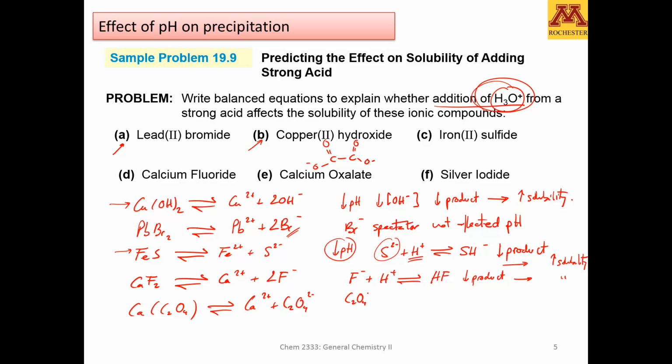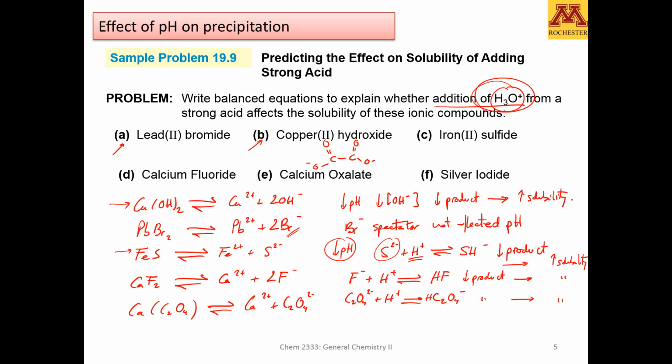That means that oxalate admits 2 protons. So just by admitting one, it will remove products from the equilibrium. By Le Chatelier, it will be displaced to the right. The solubility again will increase.